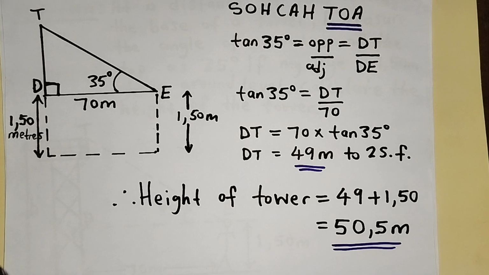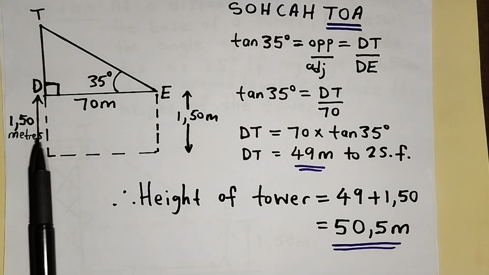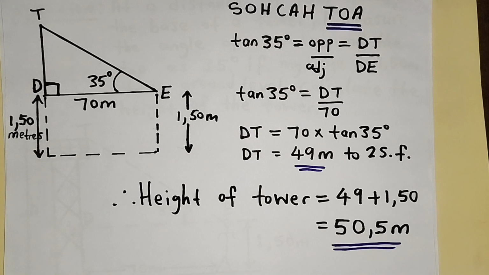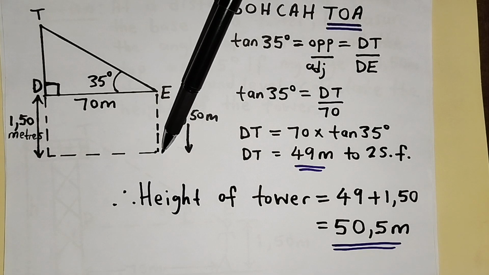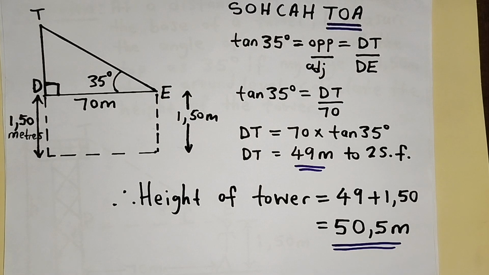From the previous diagram, we have come up with this one. As you can see, TD, and from D to the ground there are 1,50 meters, up to the eye level. So we want to first of all find TD using the right-angled triangle TDE.